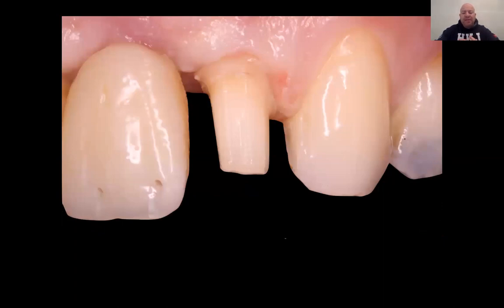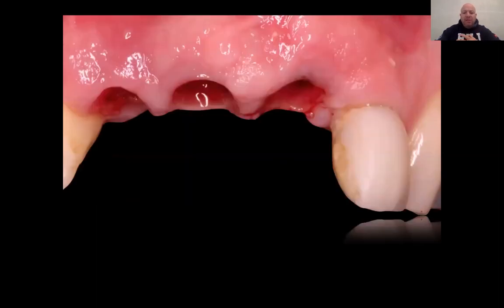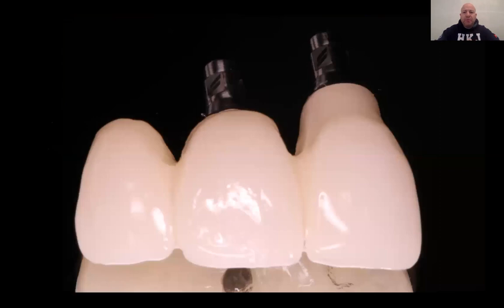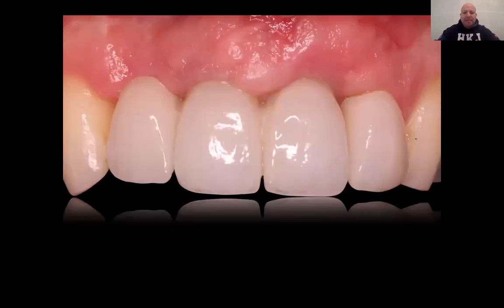Patient decided to have the other lateral prepared, so we did minimum preparation to have a temporary crown fitted, wait for things to heal, and once we reach a point when things are good, we took the final impression for the final bridge, and things start to look acceptable.